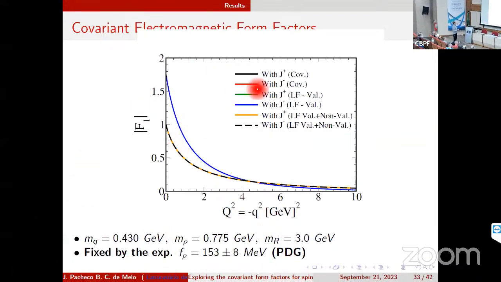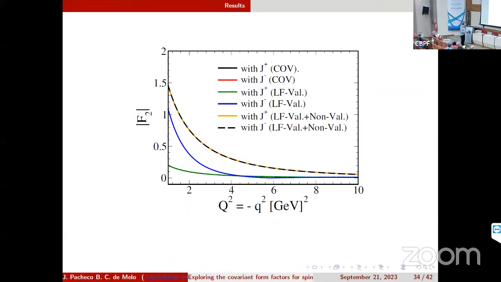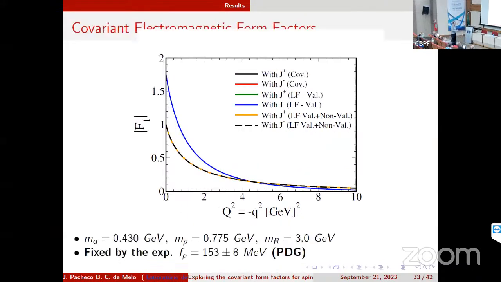If you see with G plus covariant, G minus red, and green, because I use AA, not having any zero mode, it gives three curves that give the same result. The minus component, blue, then the broken symmetry, you see? It's completely different. It's broken a lot. Oh, sorry. After I add the zero mode, all curves give the same, you see? Up to 10 GeV squared.